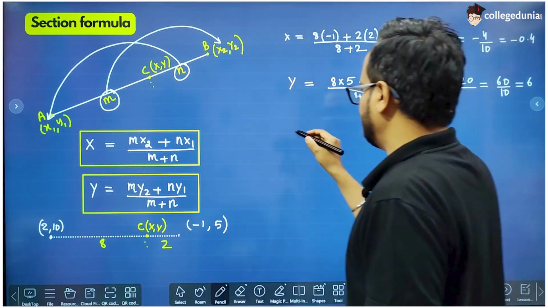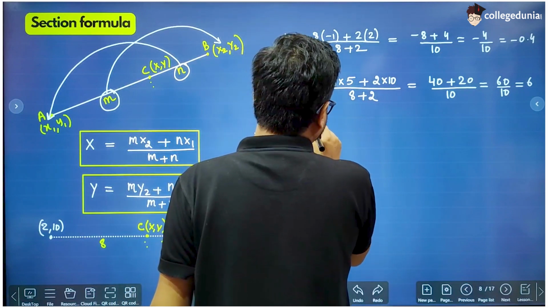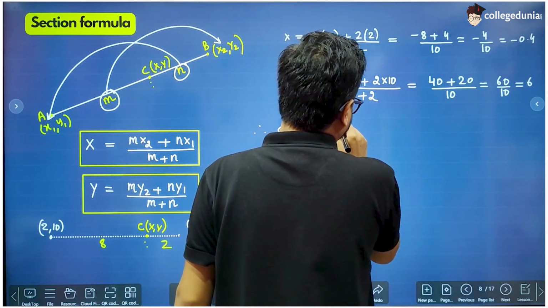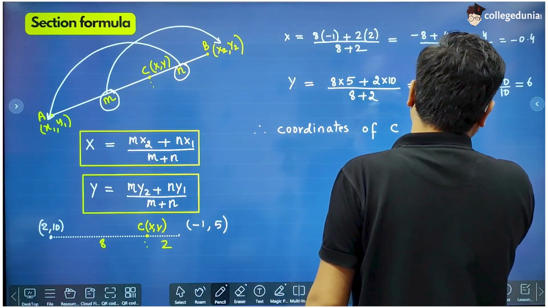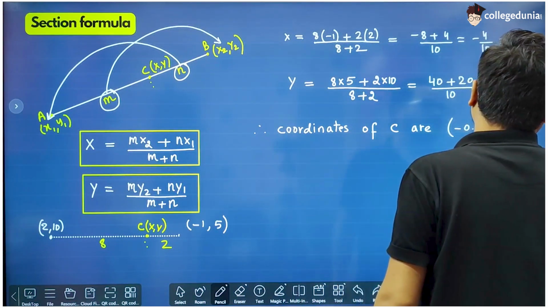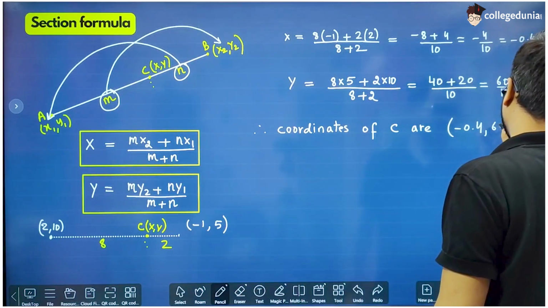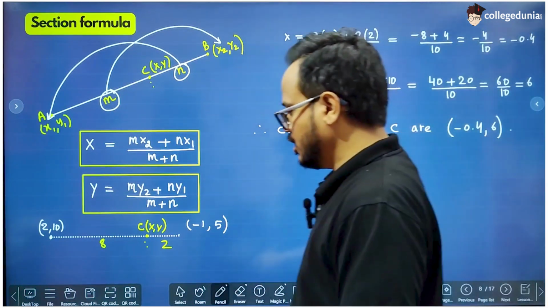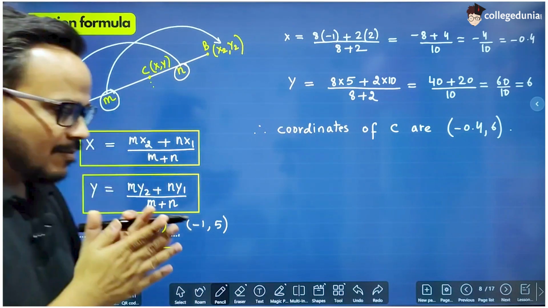Therefore, coordinates of C are minus 0.4 comma 6.